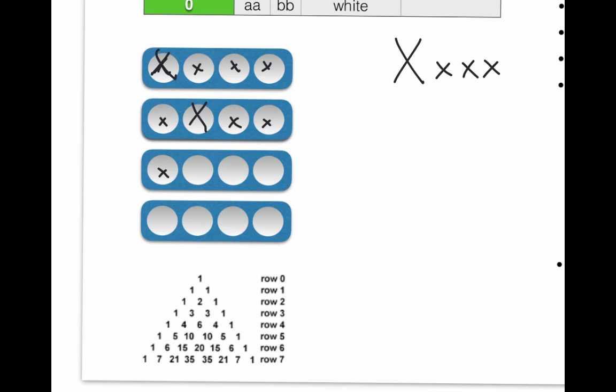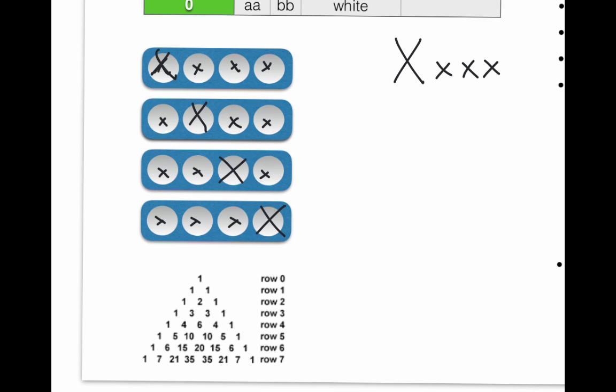And now over here, I could actually have it in the 3rd slot. So a big X in the 3rd slot, and a little x in the fourth. And then over here, I could have a big X in the last one. So, of course, this could have been A and B, but the fact is it doesn't really matter.